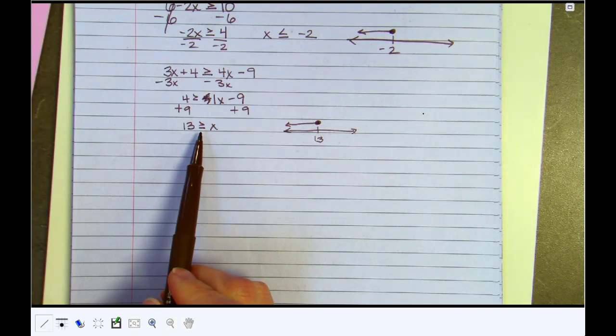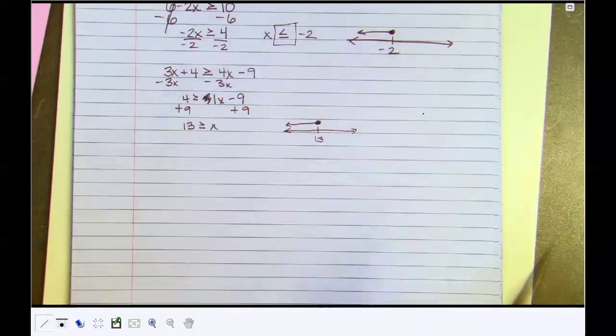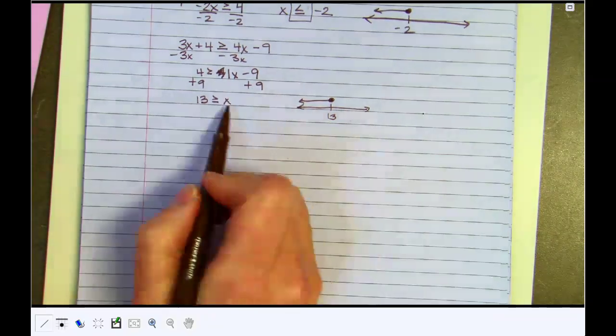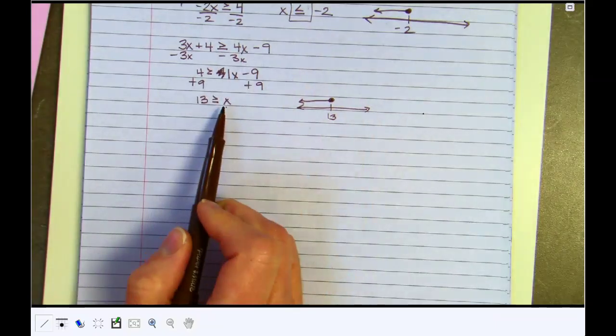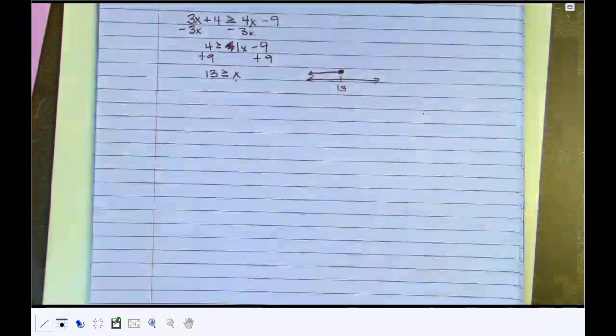Why? The x is on the wrong side. If you are looking at this and going, oh, the arrow points left, that's not the way the arrow goes. If the x is not on the left side, it's the other way. So be careful. That's why we reviewed that.